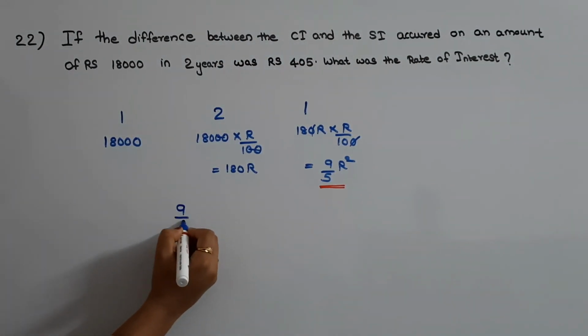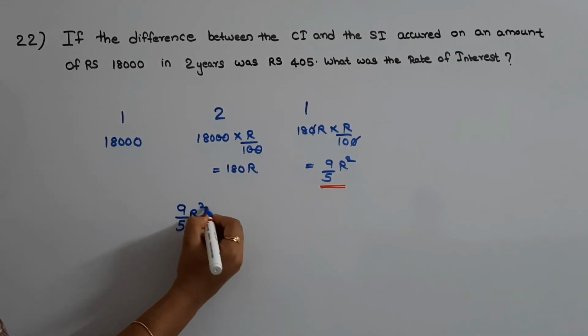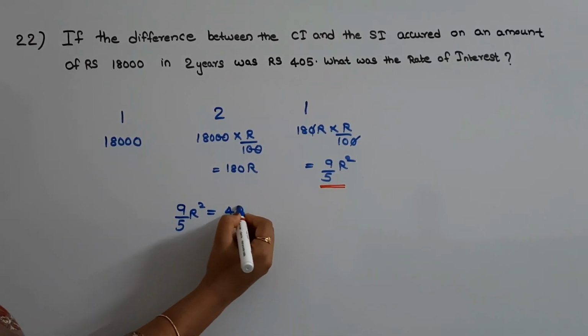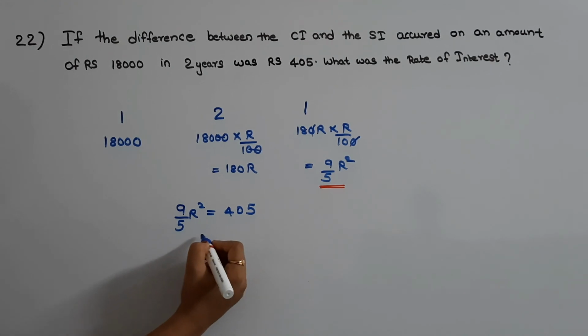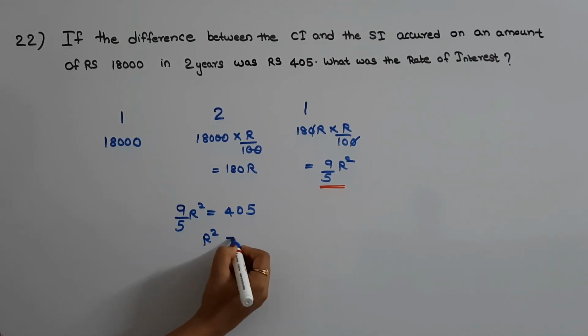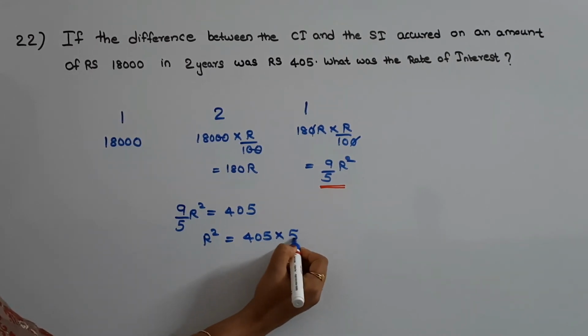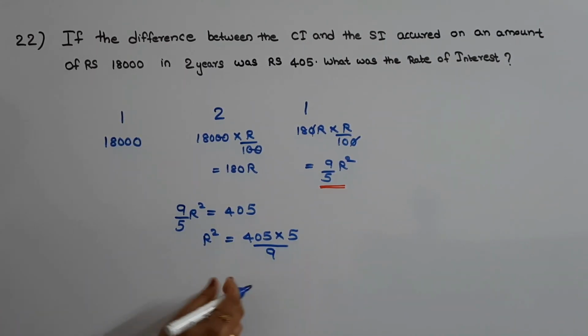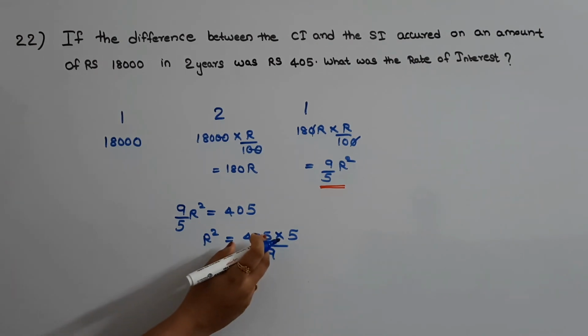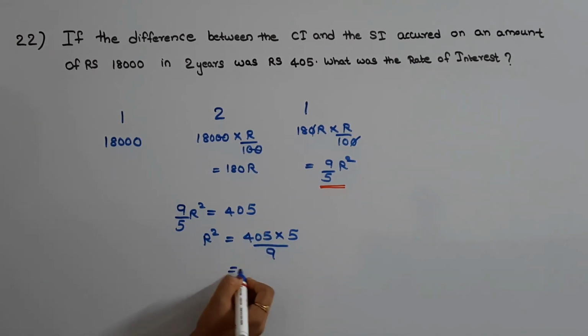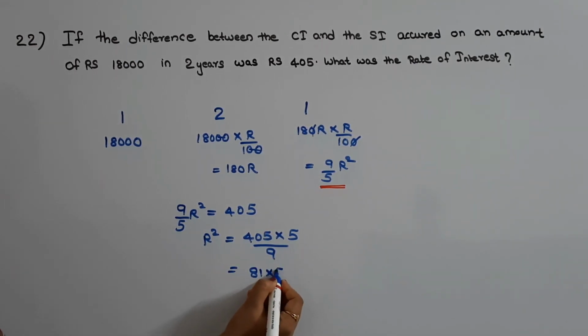So 9 by 5 R square is equal to 405. From here we can find R square. R square is equal to 405 into 5 by 9. Now we can split this 405 as 81 into 5 into 5 divided by 9.